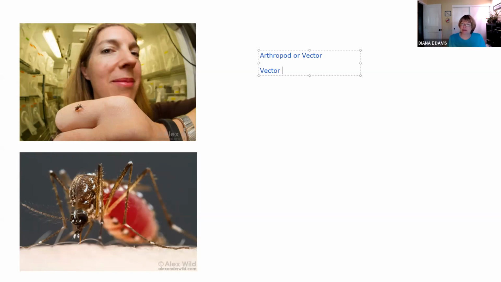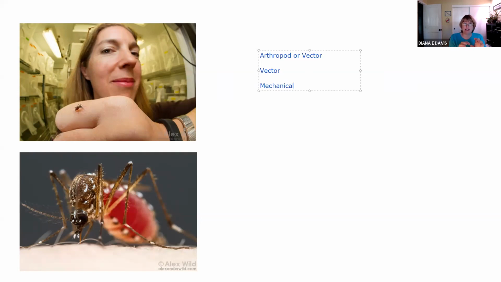They can do this in several different ways. If we think about mechanical transmission, this is where a vector lands on something that's contaminated and then lands on either your skin or on your food. Flies are the most common arthropod vector.